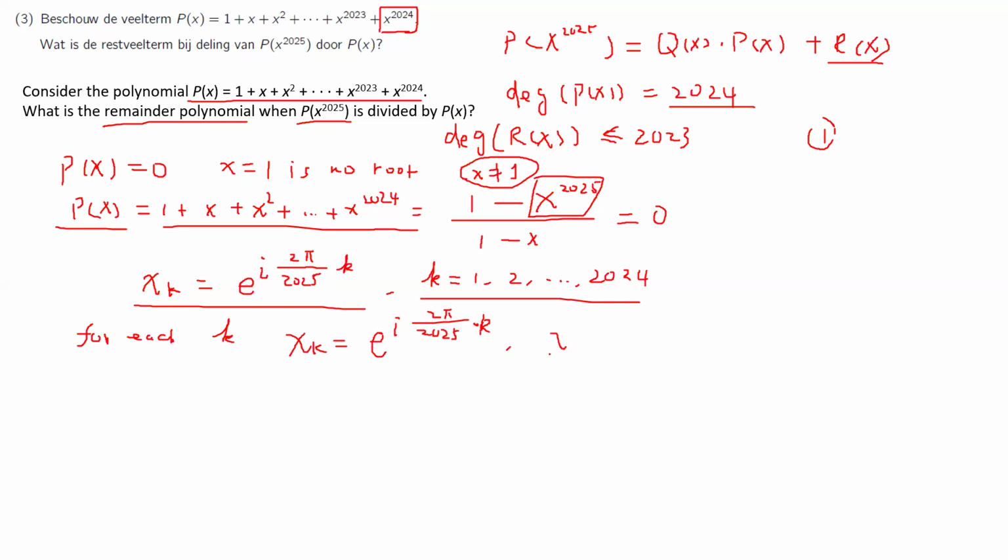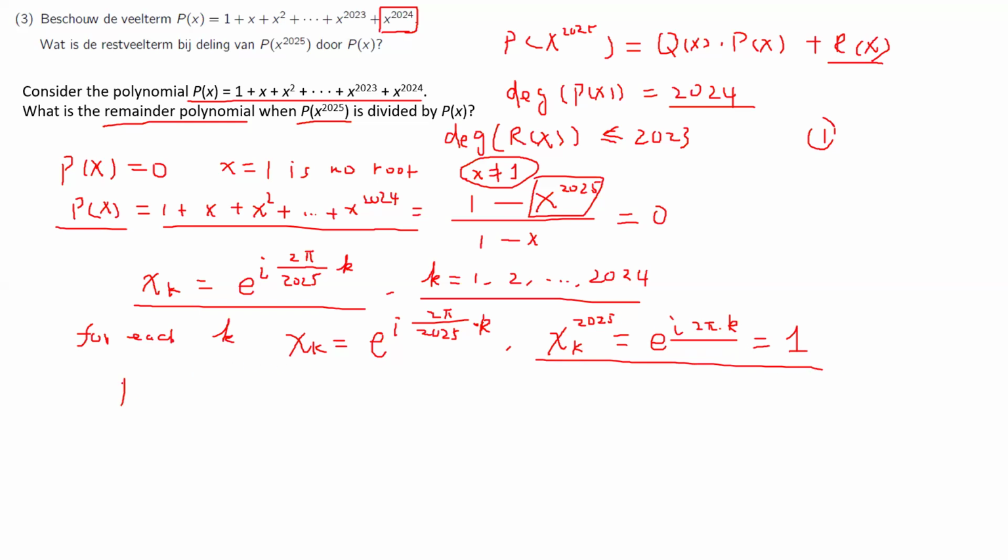So from here we have x_k to the 2025 power equals e^(i 2 pi times k). So here is always a multiple of 2 pi, so we know that it will always be 1. So for each k, x_k to the 2025th power is 1, right?